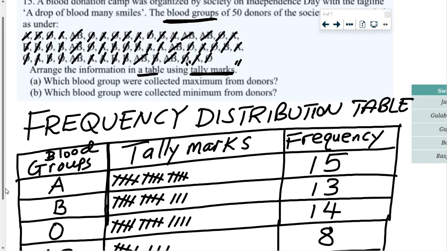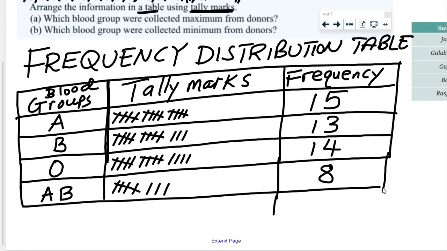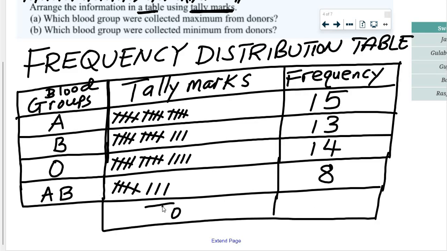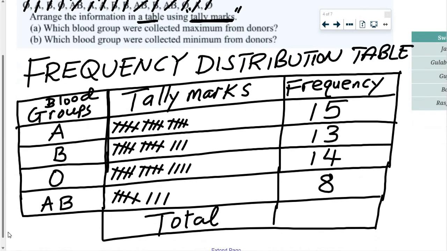Now, how do we know that we got our table correct? Find the total of the frequencies. The total of these frequencies must equal 50. If it is not 50, then there is one data you skipped.